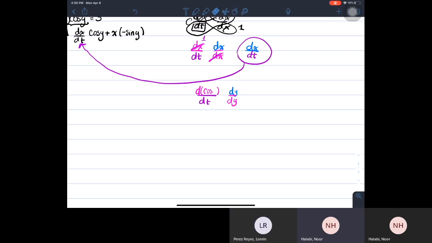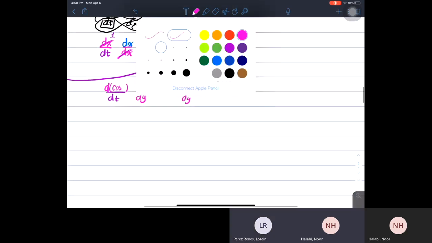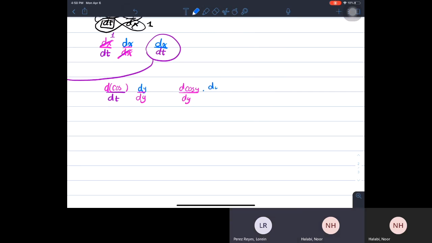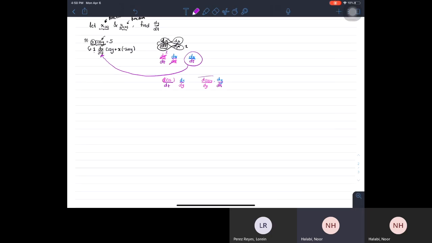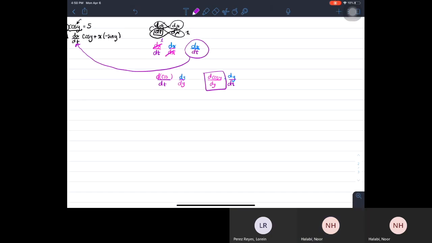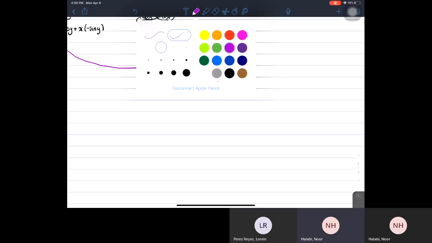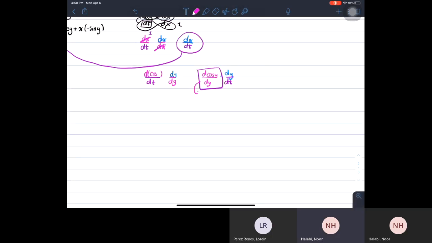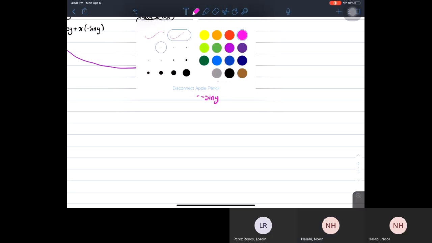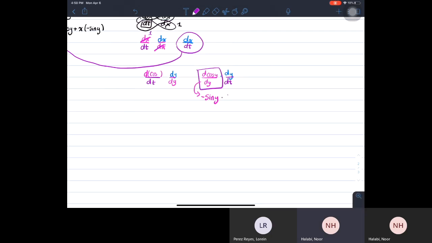Yeah, I see. So now the pink ones, let's put the pink over the pink. It's d cosine y over dy times dy over dt. Now this is defined. What is d cosine y over dy? This happens to be negative sine y. But I don't just stop there. I have to multiply this by dy, the blue part, over dt, because of this portion right here.